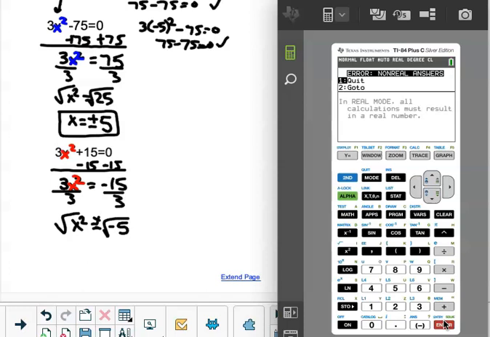When you take a square root of a negative number, it gives you an error in the calculator because you can't have the same number multiplied by itself be negative. If it was a negative number times itself, it would be positive. If it was a positive number times itself, it would be positive. There's no way to multiply the same thing by itself and get negative 5 or negative 10 or negative 4 or whatever it might be.